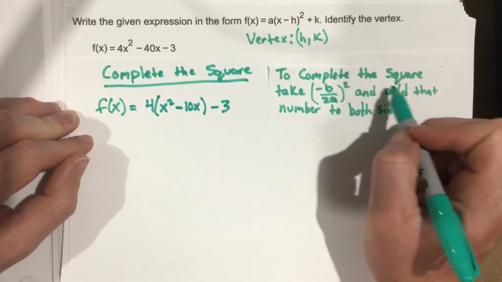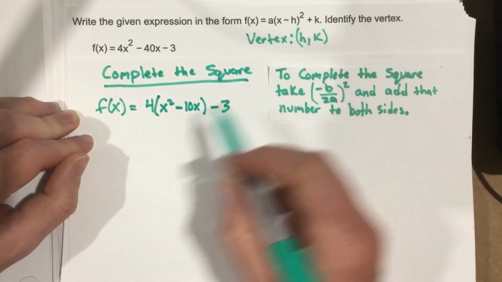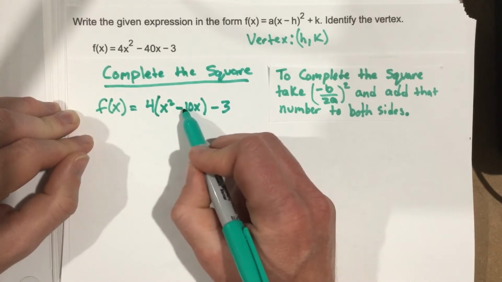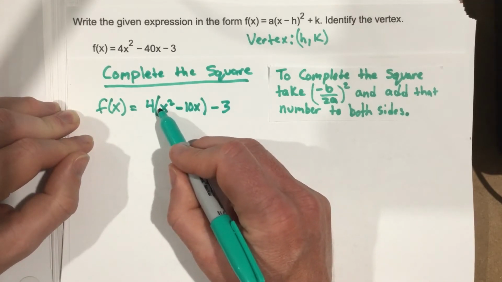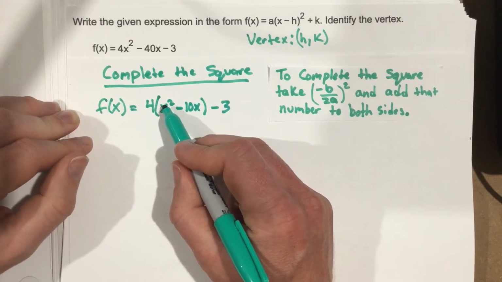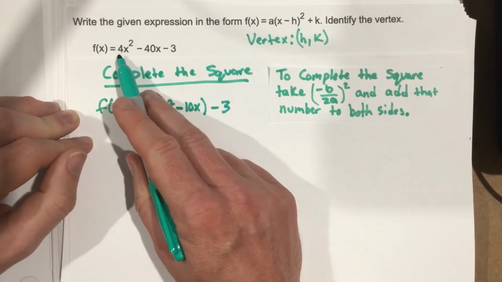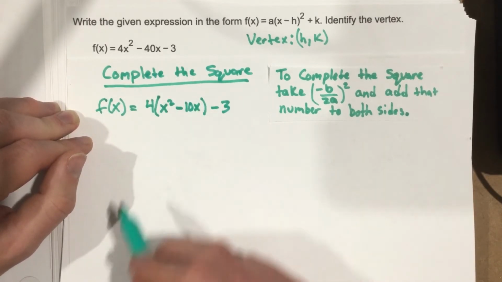And then I'm actually going to do the complete the square part, except for now, I'm going to use 10 as my b, and my leading coefficient now is 1. The previous problem, we had a leading coefficient of 1, so we didn't have to do the factoring part first. But if you have a leading coefficient, I would suggest to factor out those two terms.